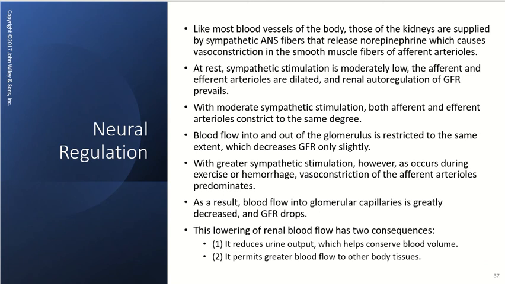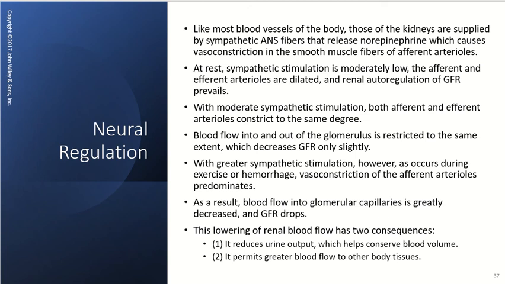Next, we have the neural regulation of our glomerular filtration rate. With regard to the neural regulation, like most blood vessels in the body, those found in the kidneys are going to be supplied by the sympathetic autonomic nervous system fibers, and these are going to release norepinephrine, which is going to cause vasoconstriction in the smooth muscle fibers of the afferent arterioles.